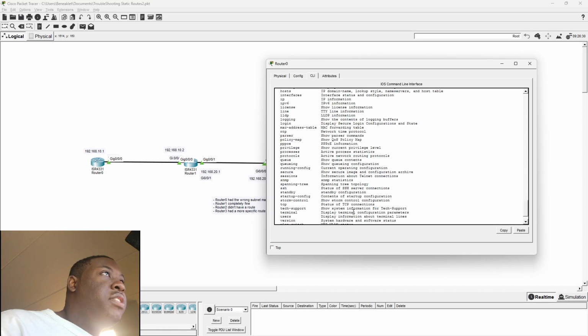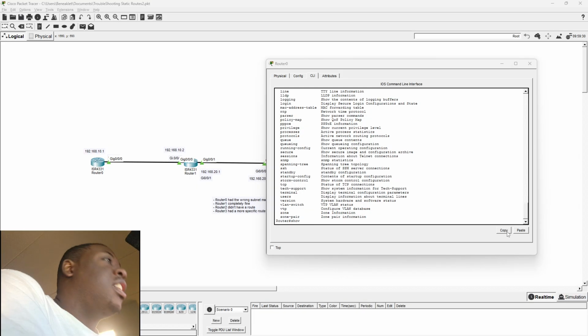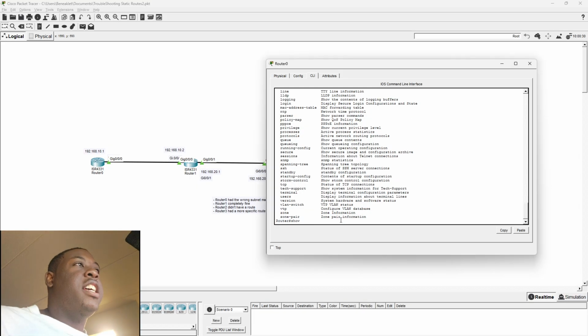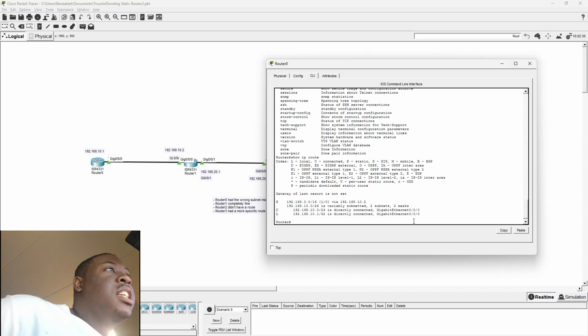Give me one second. Okay, actually, I figured it out. It is show IP route. There we go. So now it shows the routing table here. This is the routing table.